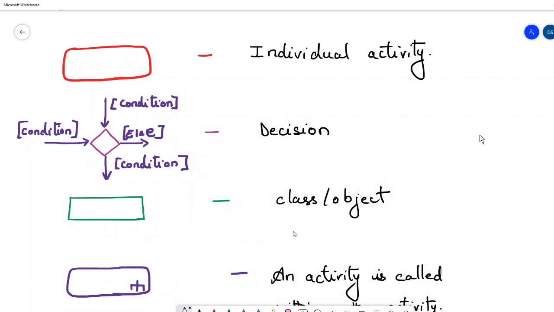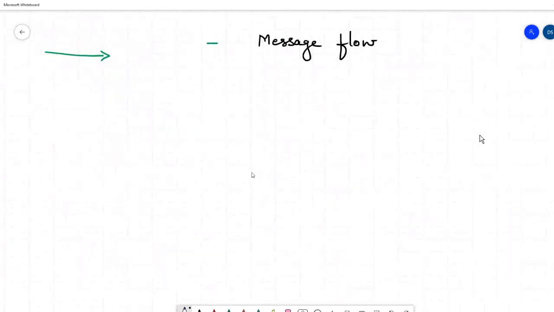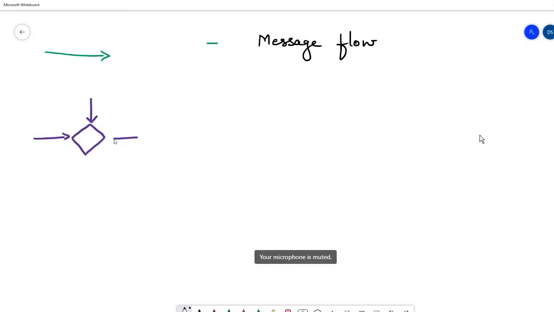Now this is about the decision. When several activities are being performed and we need to merge them and obtain a single output, at that time we draw the merge node. Merge node is the same as the decision, but the difference is that from three directions we would have input, and from one direction we'll get an output.